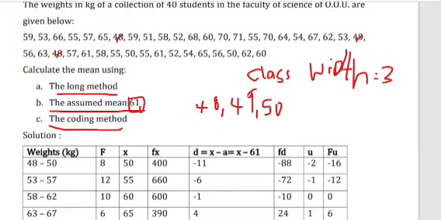But here, we got the frequency of 48 to 50, that is 8. So let's go back again. I have 48, 1, 2, 49, 48 again, 3, okay, 54, 5.